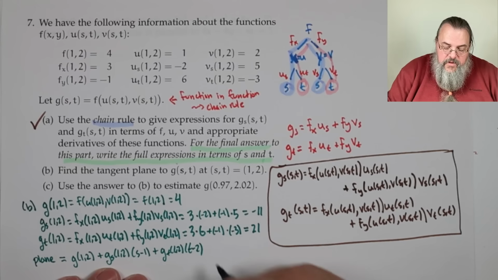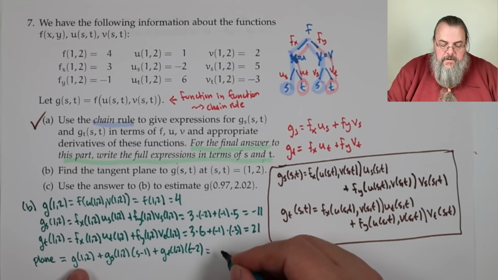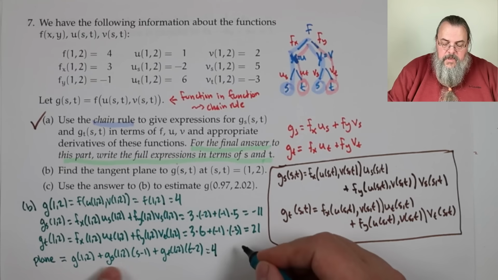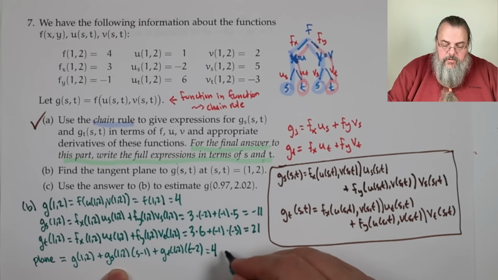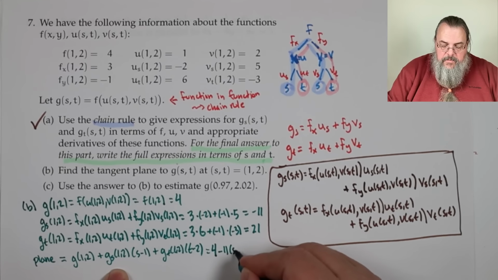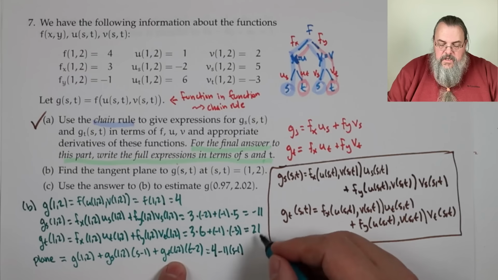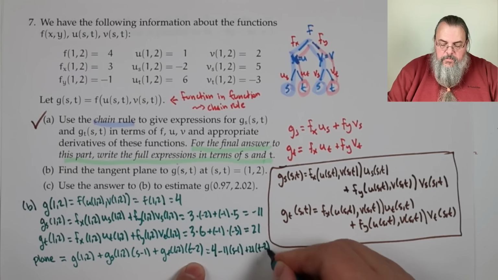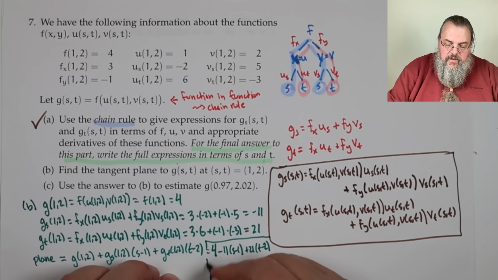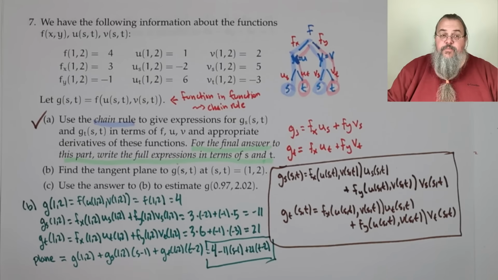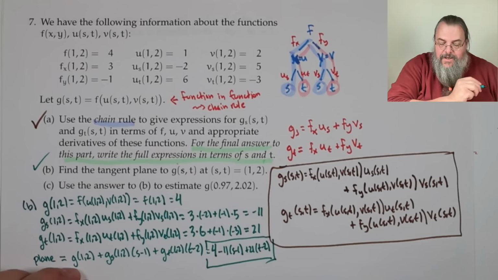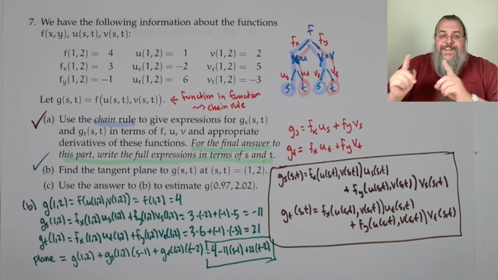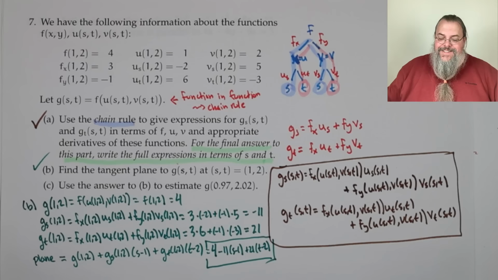So we put those numbers in. We're going to get g of 1, 2 is equal to 4, and then g sub s is -11 times s minus 1, and then plus 21 times t minus 2. All right. So that's part B. The tangent plane, also known as the linearization.